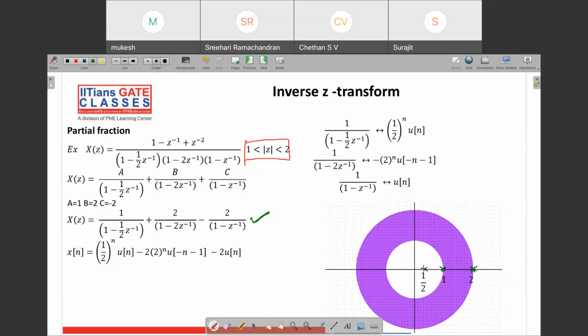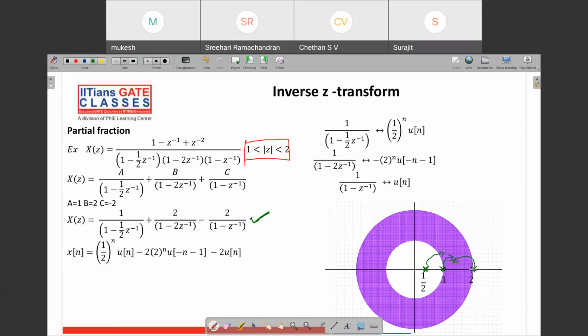Okay, so what I mean is that, let's say we have this pole 1 by 2, for this particular pole you can say that ROC is outside. Okay, ROC is outward. For this pole also ROC is outward. So this is kind of same as what we have seen in the last slide for the right-sided signal. ROC is outward of the pole, but for this pole ROC is inside, right?